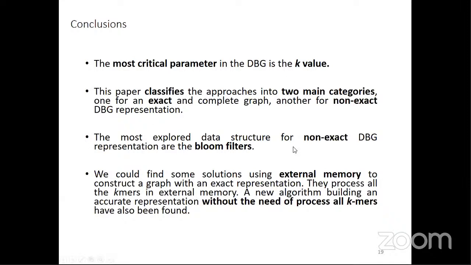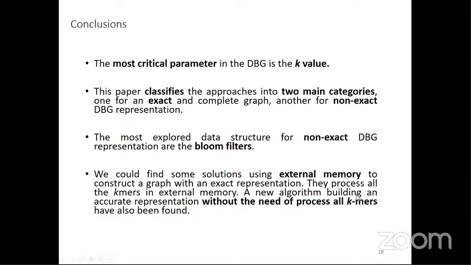Considering the solutions based on probabilistic data structures used for an approximated de Bruijn graph representation, the most explored data structure is the Bloom filter. This data structure allows vertices to be stored independently of their number, but at the cost of false positives.